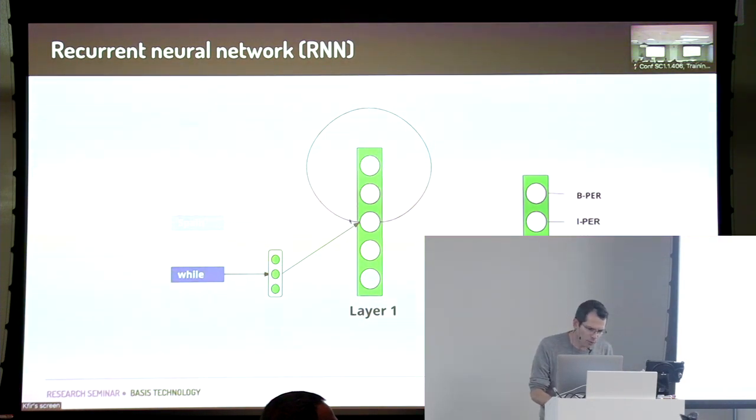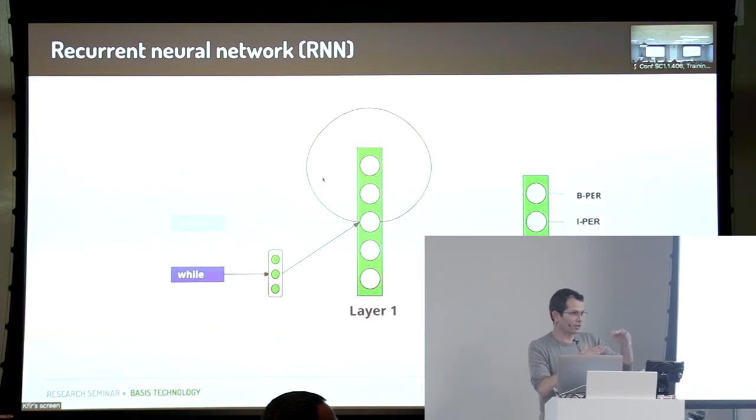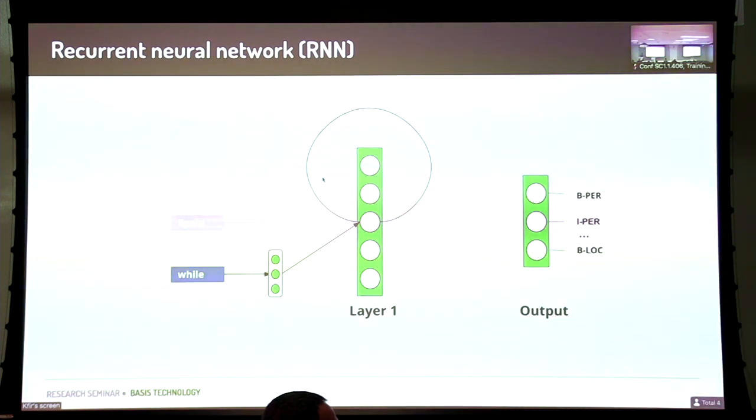Now, the operation that we do here, there are 2 vectors right here, this one and this one. The operation is just concatenation. So we put them one next to each other. So the information that flows into this linear layer also contains information that is coming from the beginning of the sentence, basically.